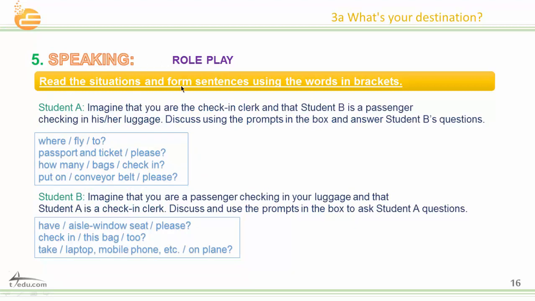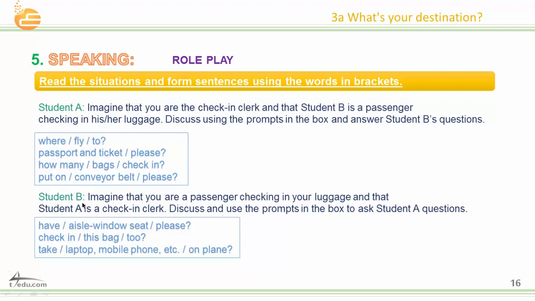Read the situation and form sentences using the words in brackets. Okay, student A, imagine that you are the check-in clerk and that student B is a passenger checking in his or her luggage. Discuss using the prompts in the box and answer student B's questions.